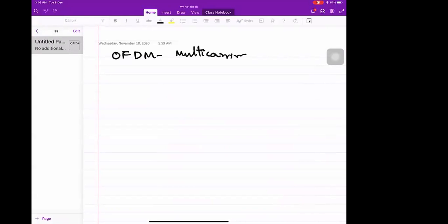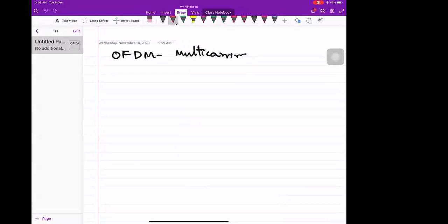Here, what I want to tell you is orthogonal frequency division multiplexing, OFDM. As I said earlier, we have X of k, this is my frequency domain, and small x of n is the time domain signal.